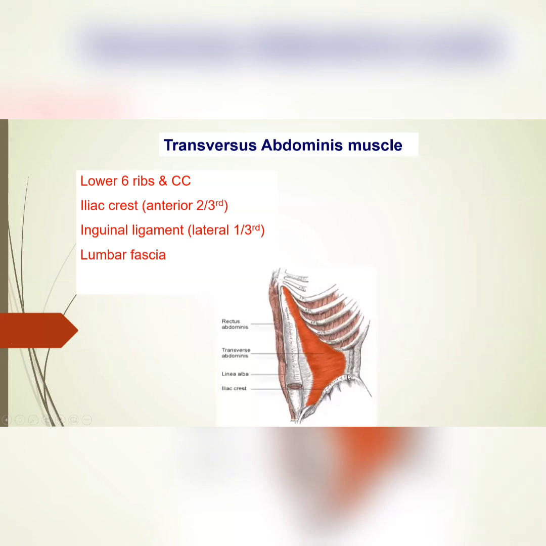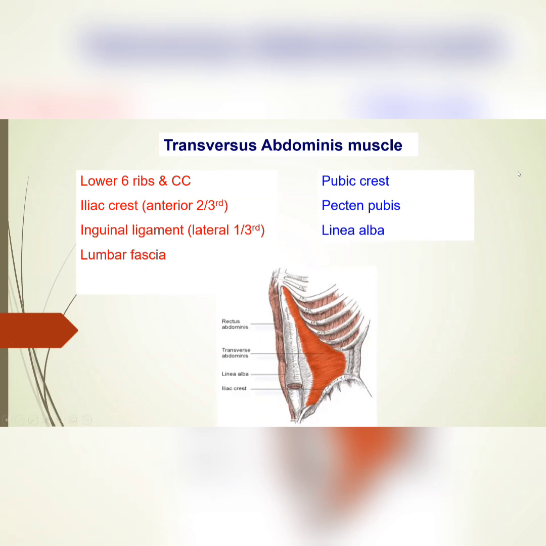From the posterior aspect, there's an origin from lumbar fascia as well. Then the fibers are oriented horizontally and finally get inserted into the pubic crest, pecten pubis, and in the midline to linea alba.